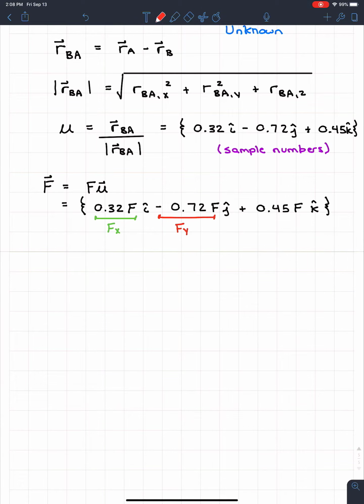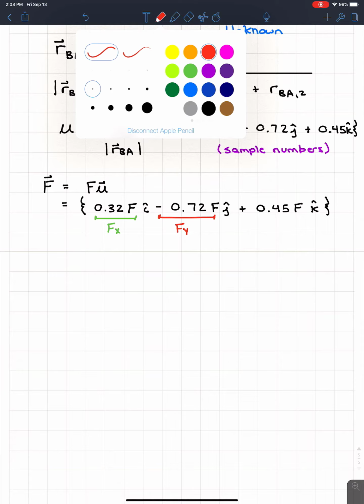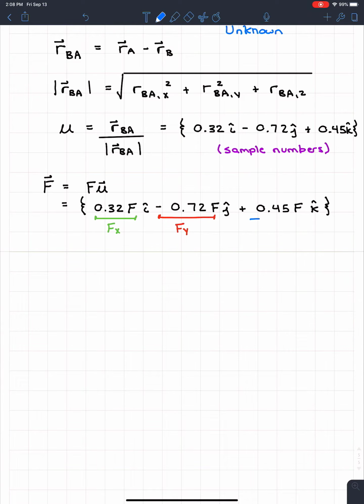And then finally, our last component, which let's do blue, this right here, this is going to be our Fz. You guys can say it however you want, but my z's look like twos, so be ready for that. I'm sorry if I start confusing you guys. So that's the real trick to this one.